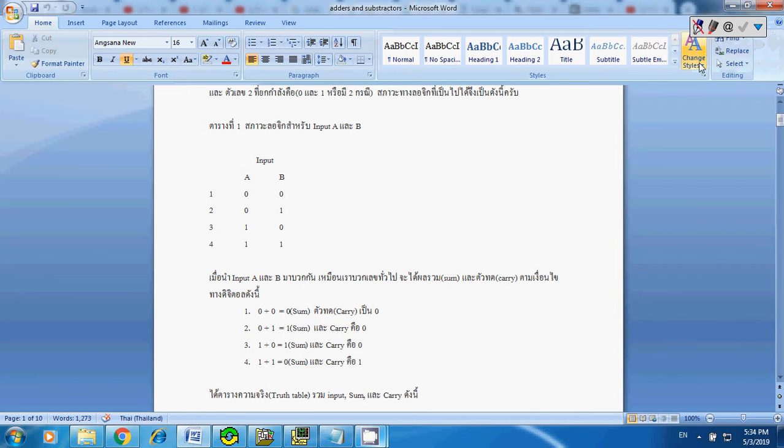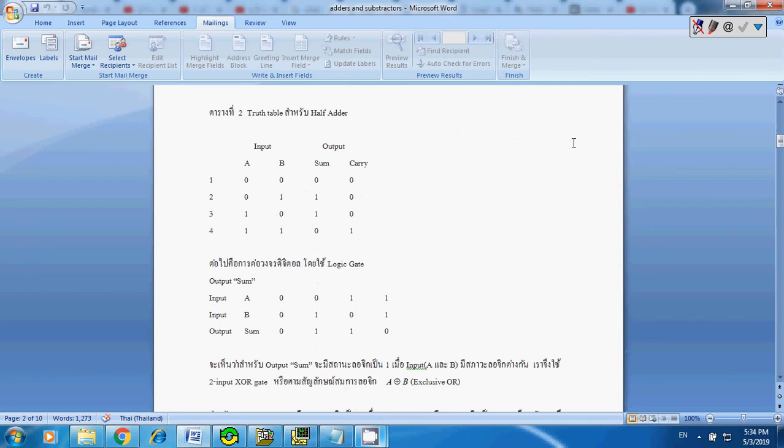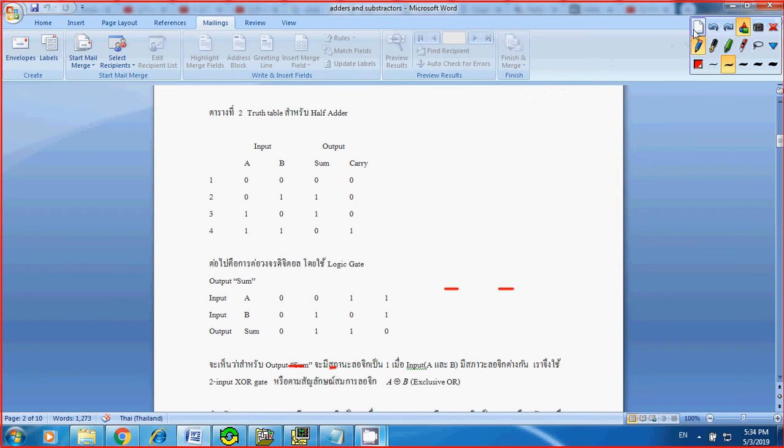And if you write down the truth table, in this case it's just for the half adder for simplicity. So your inputs are A and B, and your outputs are going to be sum and carry.